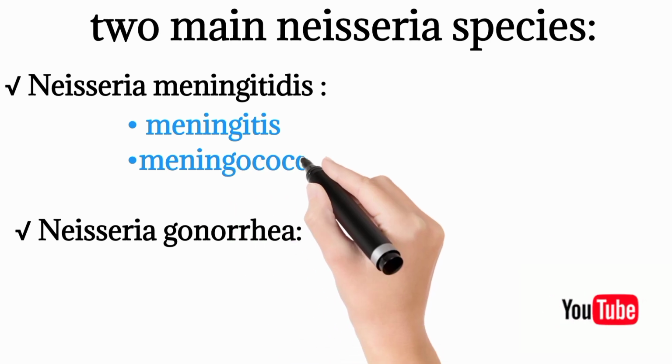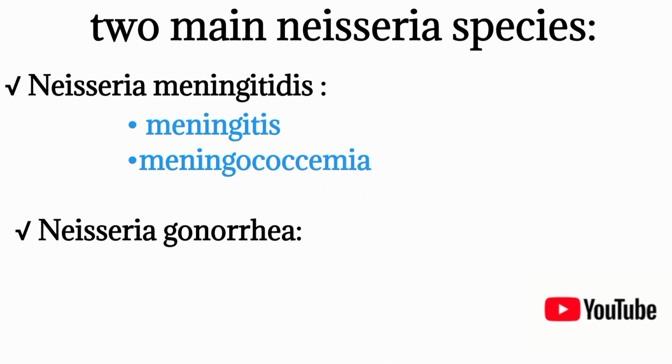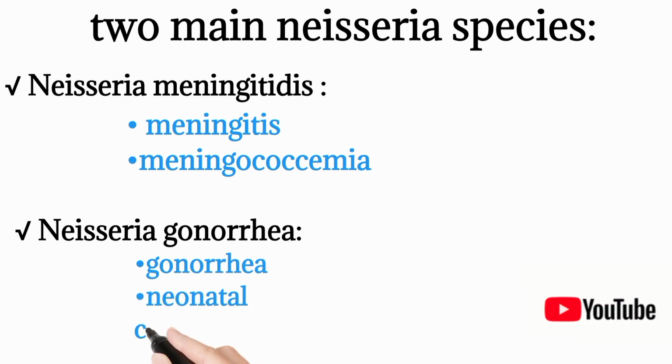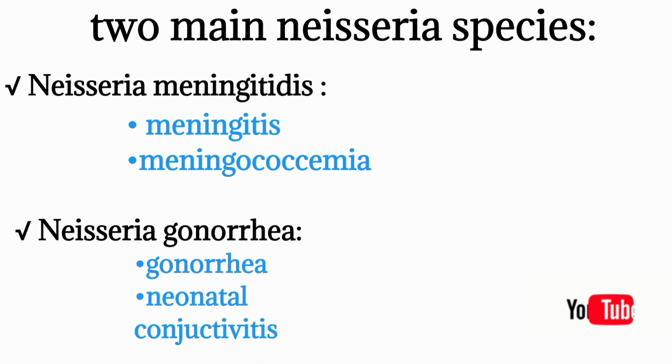Meningitis affects the brain layers, which are the meninges, and meningococcemia is when the infection spreads into the bloodstream and can affect vital organs. Neisseria gonorrhea causes gonorrhea, which affects the reproductive tract in both males and females, and neonatal conjunctivitis, which means infection in newborns affecting the conjunctiva, a layer of the eye.